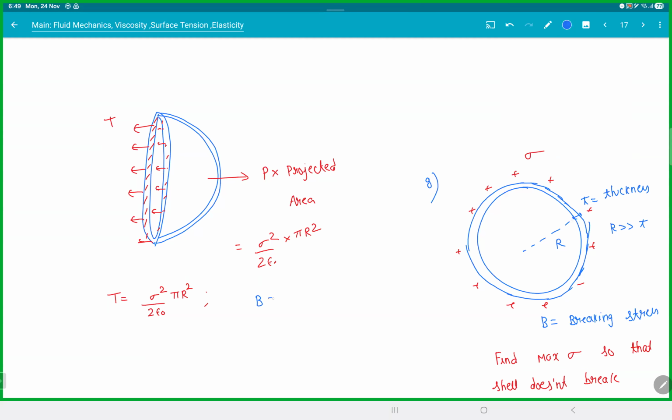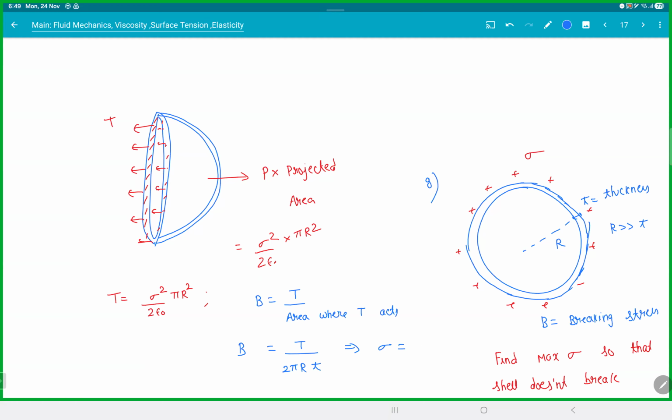Breaking stress B is nothing but tension by area where the tension is acting. Where is the tension acting? It is acting on the thin cross section there, which is tension by circumference 2 pi r into thickness T. Are you clear with that? So substitute there and you'll get sigma value from here.